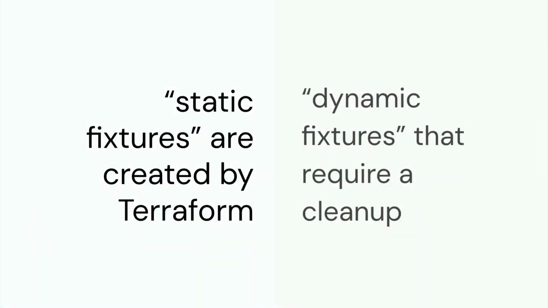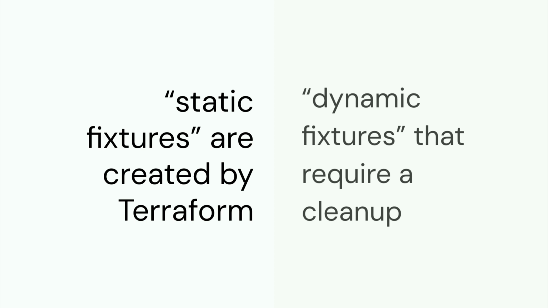So, you're talking about fixtures, but there are really two kinds of fixtures. There are static fixtures that are created by Terraform, and there are dynamic fixtures that require cleanup. Sometimes I've seen customers doing strange things.